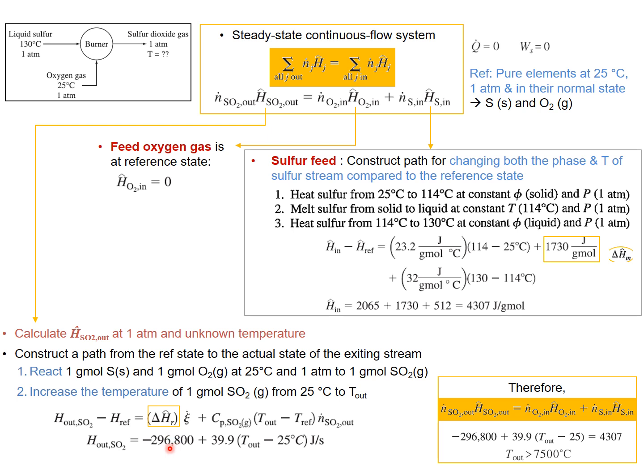So the H out SO2, this one, can be described by some value plus heat capacity with T minus 25. So with this one and the value this one, and you could neglect the first term on the right side of the equation. Therefore, we could calculate the temperature. This one, and then temperature is 7,500 Celsius degree.